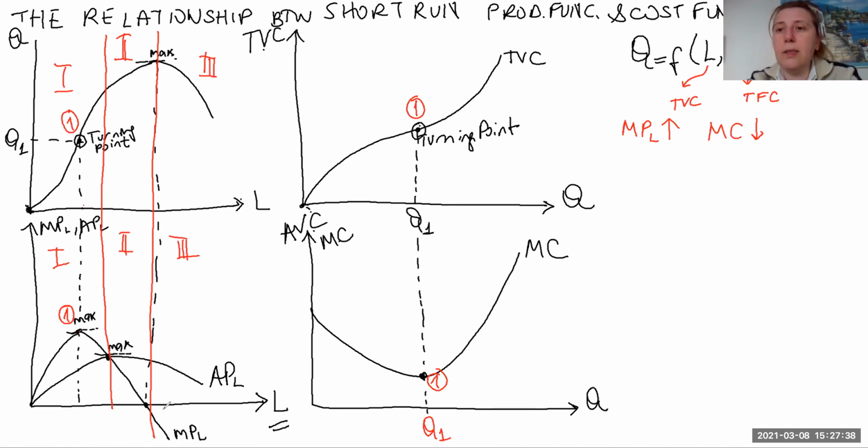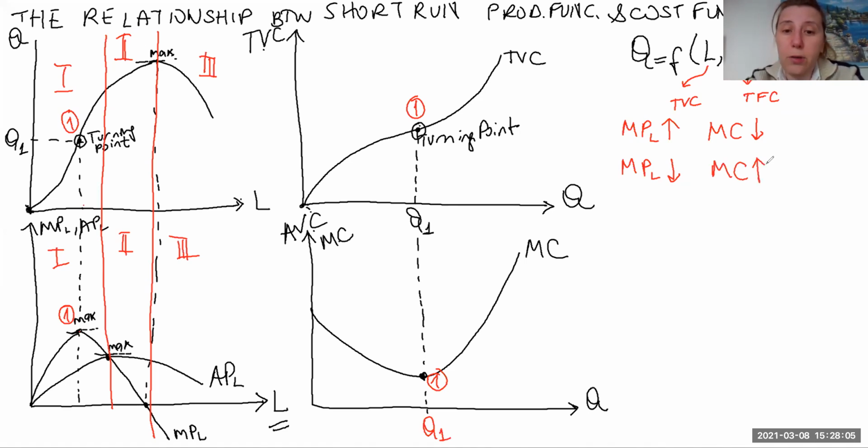So the productivity of the labor after point 1 decreases, which means that the marginal cost created by these less productive labors is just increasing. So the decreasing marginal product of labor means increasing marginal cost.